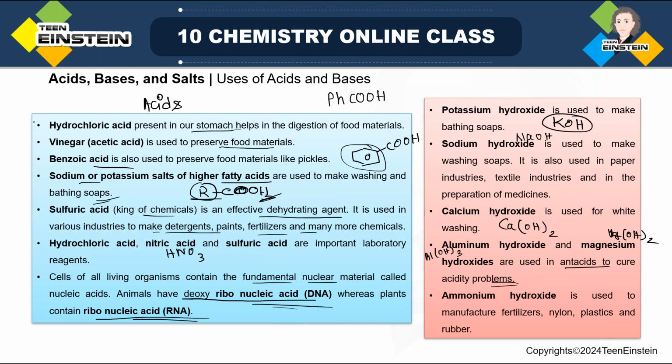As we know, HCl is present in the stomach. Sometimes because of wrong food habits, there may be excess acid generation, and then we use an antacid, which can neutralize the excess acid. Then ammonium hydroxide, the aqueous solution of ammonia gas, is used to manufacture fertilizers, nylon, plastic, and rubber. So these are the applications of acids and bases.